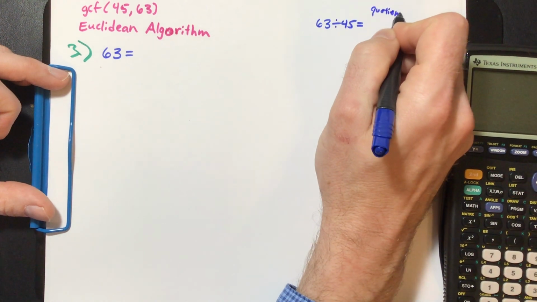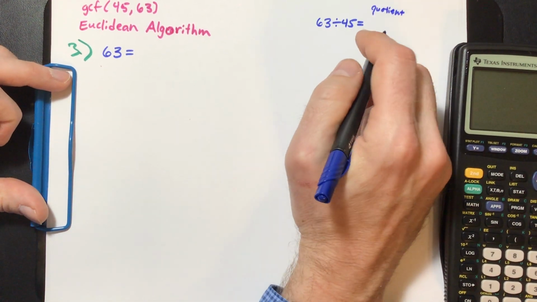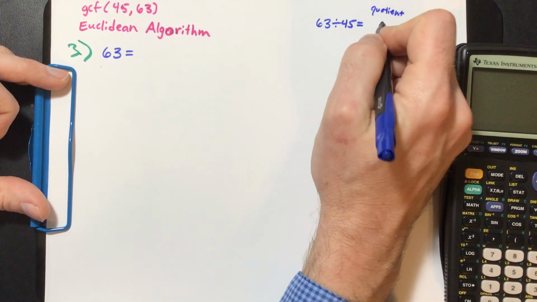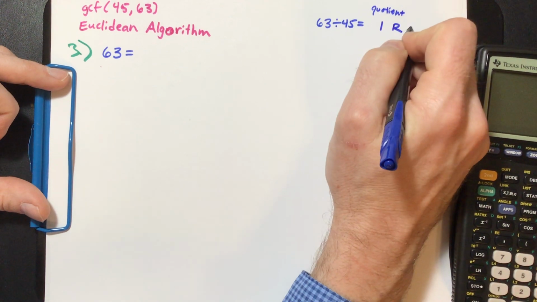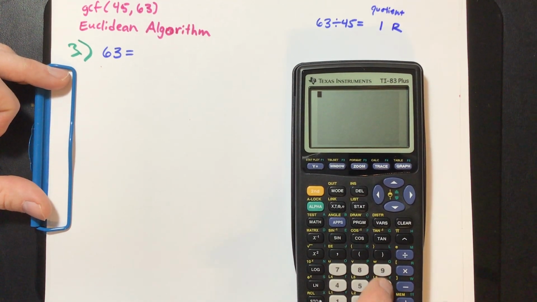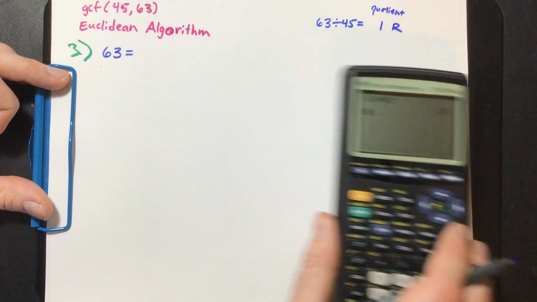How many 45s can we get out of 63? 1. And then the remainder would be 63 minus 45, and we get a remainder of 18.